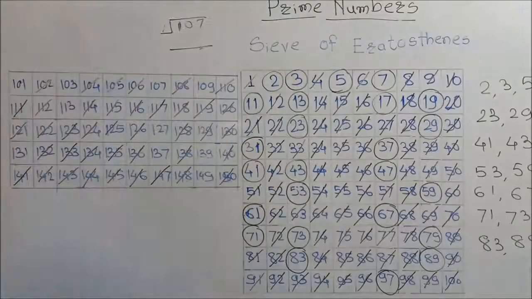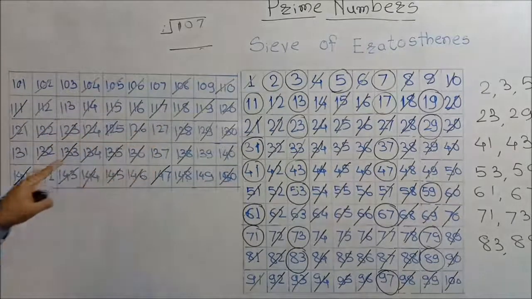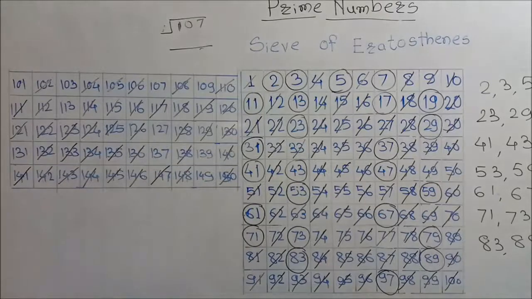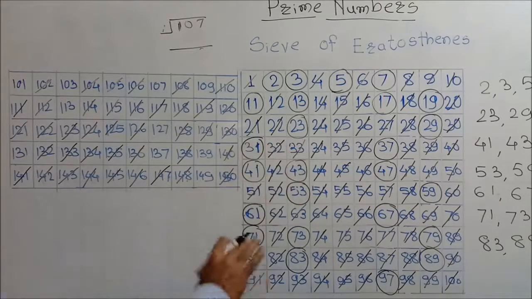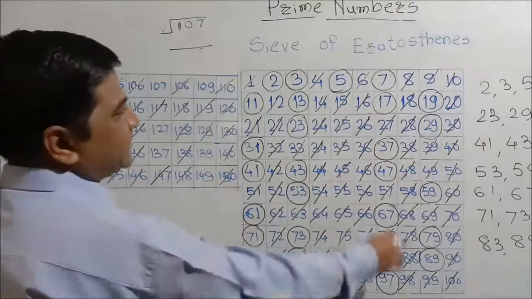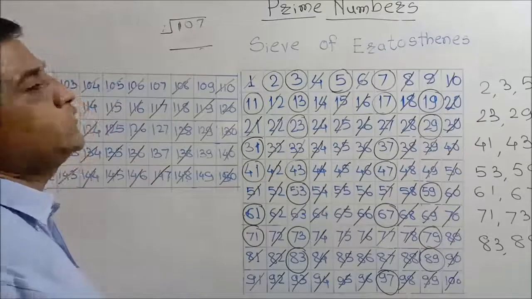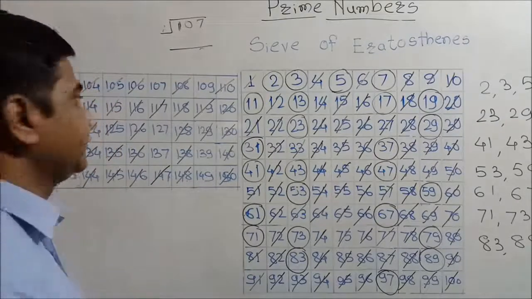We will now try to divide the remaining numbers, which are 101, 103, 107, 109, 113, 127, 131, 137, 139, and 149 by any other prime numbers. Well, you try, you'll find that they are also not divisible by 17 and 19. So we will stop here, because we got all the prime numbers from 101 to 150.